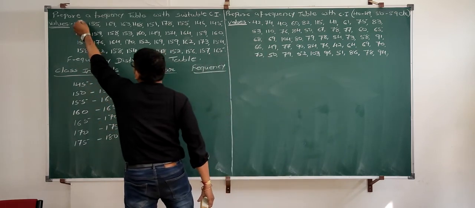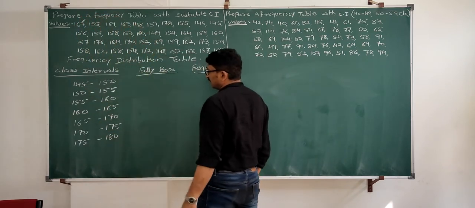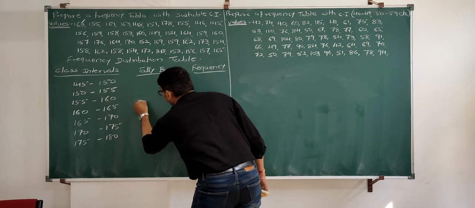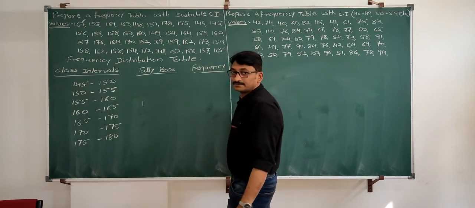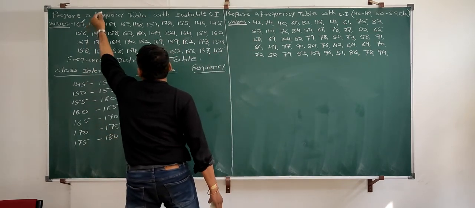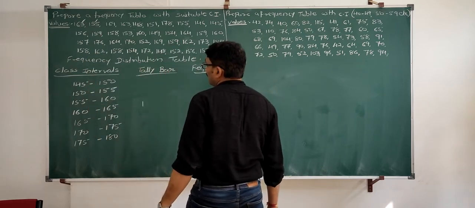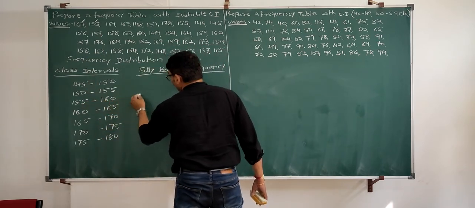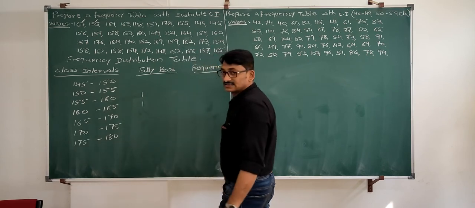Now 163 is the first value. 163 comes under 160 to 165. Mark it. Then 155. 155 comes under 155 to 160. That is a fresh class.